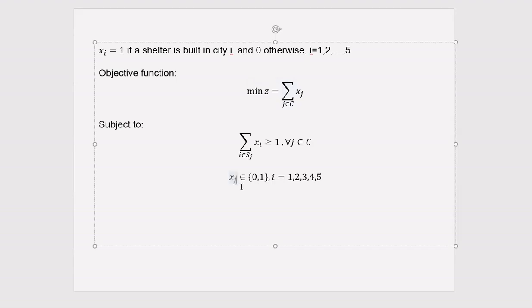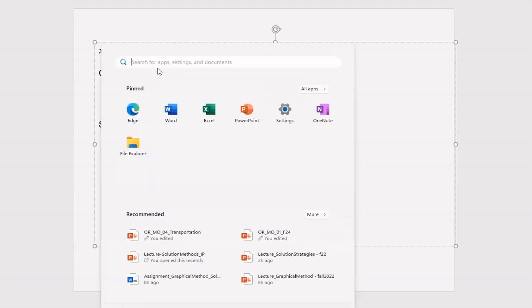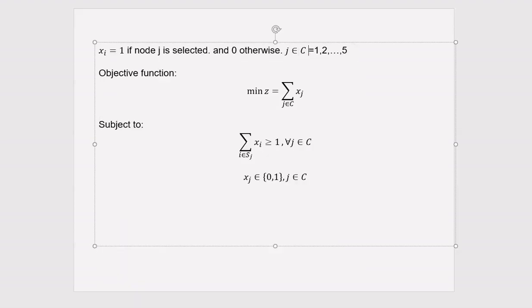Here again, xj equals 1 if node j is selected and 0 otherwise, then j again is in that.